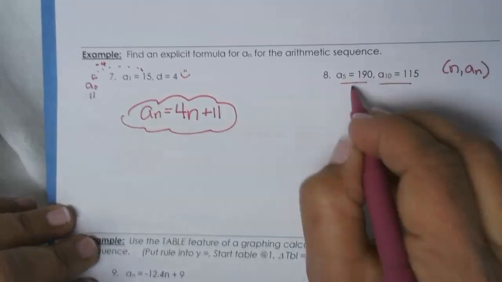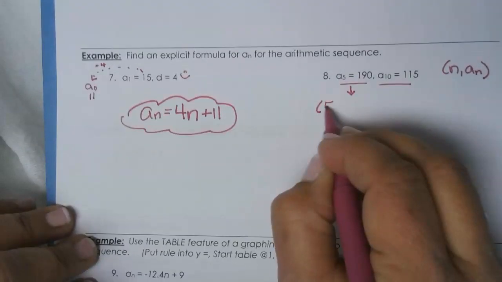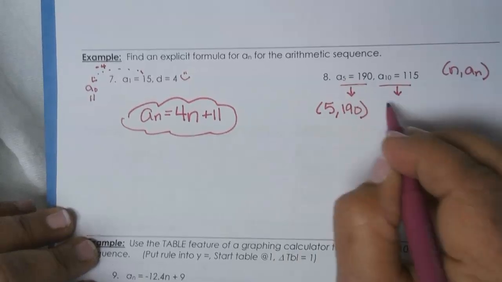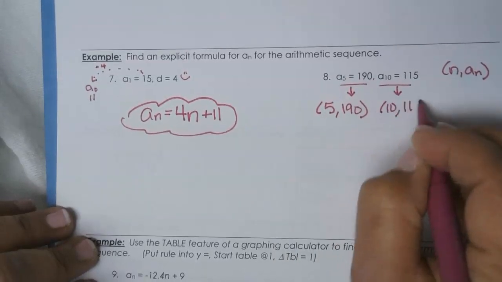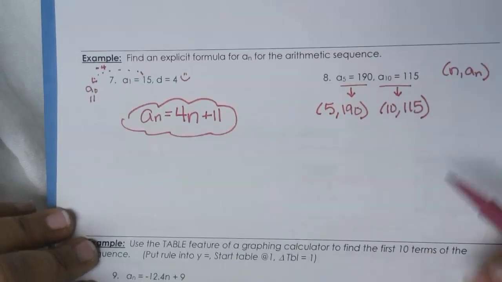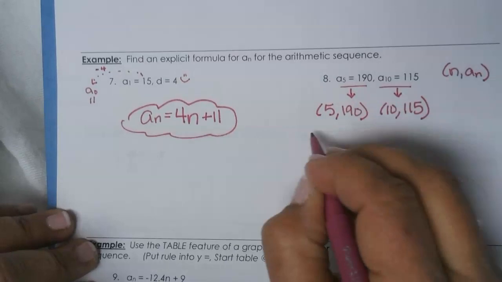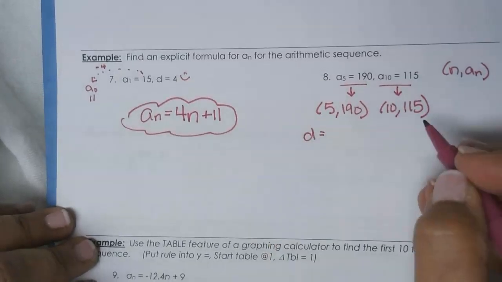So our first ordered pair would be 5, 190. And our second ordered pair would be 10, 115. Do you remember what we should do with those points? Let's find the slope. And I'll even call it d instead of m this time.